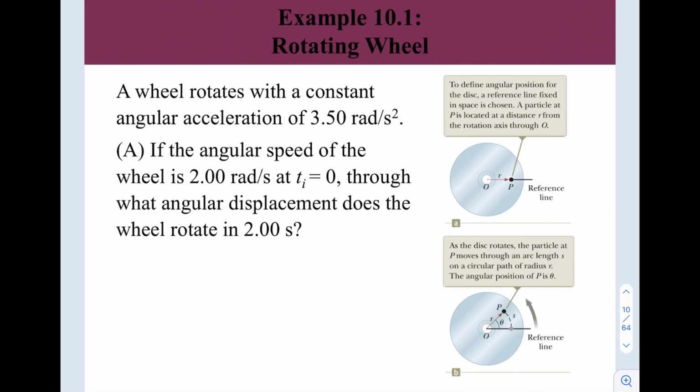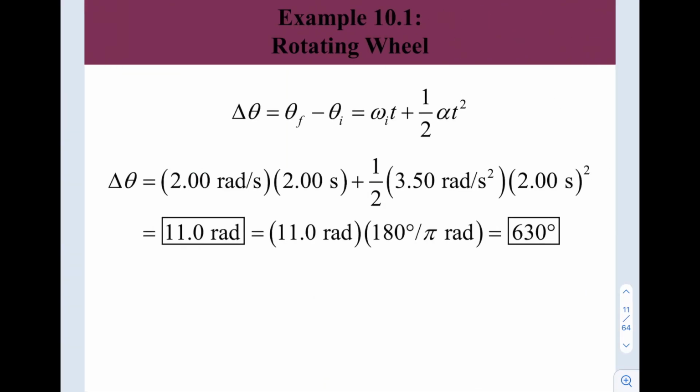So example 10.1, rotating wheel. A wheel rotates with a constant angular acceleration of 3.50 radian per second squared. Part A: if the angular speed of the wheel is 2 radian per second at t equals 0, through what angular displacement does the wheel rotate in 2 seconds? We may have the idea that this is a similar situation to our previous slide.